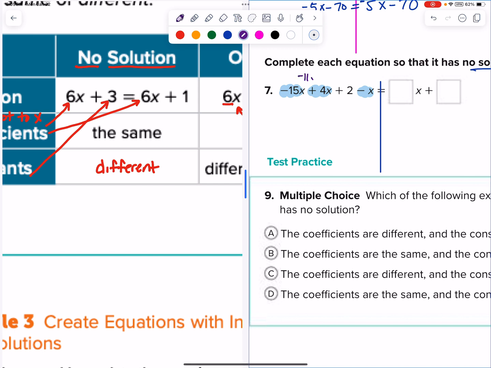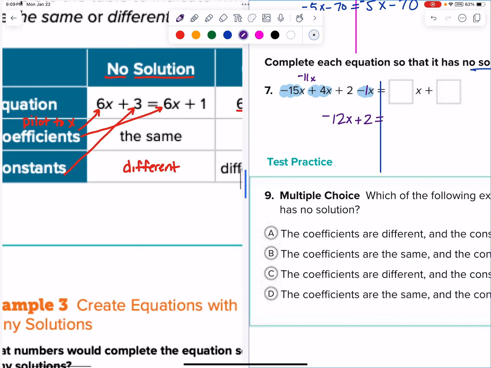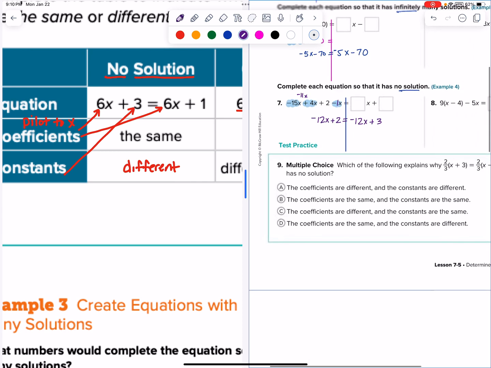So this is negative 11x, and we have a negative 1x, so we actually have a negative 12x plus 2. You've got to be really careful there. All right, what do we need to have? It says the same coefficients and different constants, so we'll just do plus 3. Okay, so there we go, 12x plus 3.